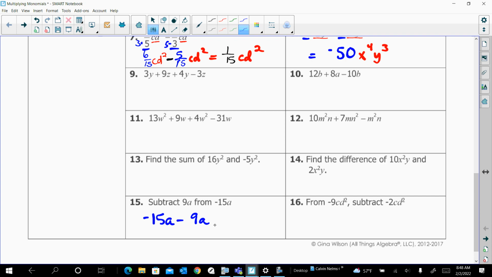Now, on 14, it says the difference of 10x squared y and 2x squared y. How would we write this one? Because this is the difference of, yeah, 10x squared y minus 2x squared y. Yes. So when it's subtracted from, you have to change your order. That's important. When it's difference, you do not.